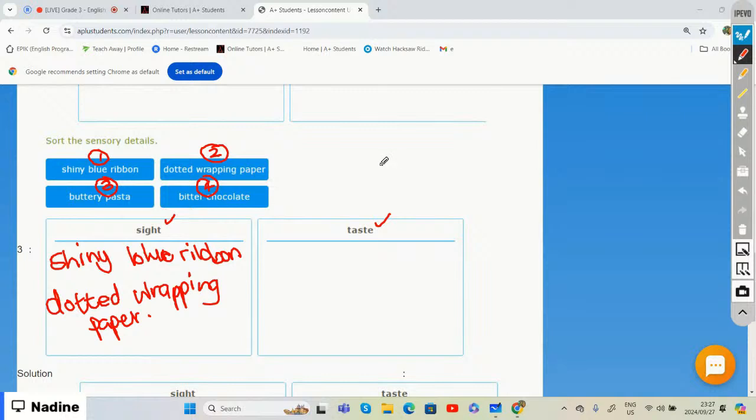Buttery pasta is something that you can taste. They even put the nice and buttery pasta. Yes, we see the buttery pasta, but if they're specifically telling you buttery pasta is very nice, then that is something that you can taste. And then bitter chocolate.